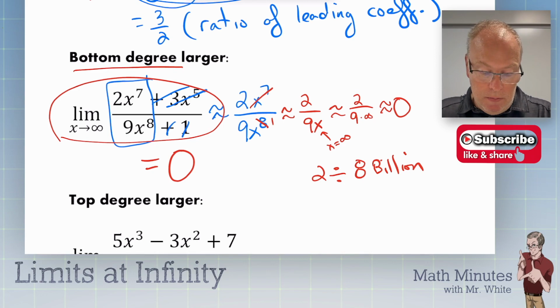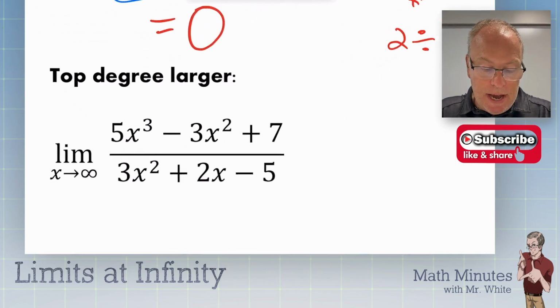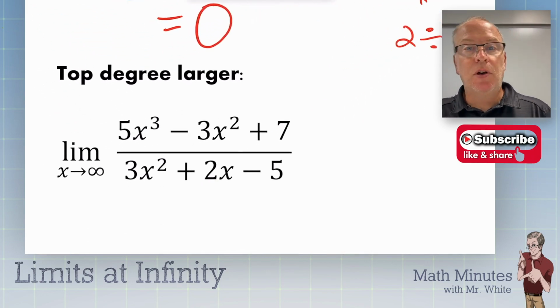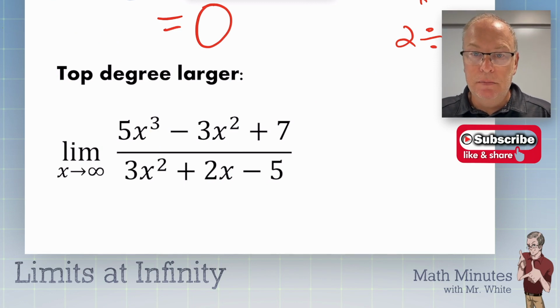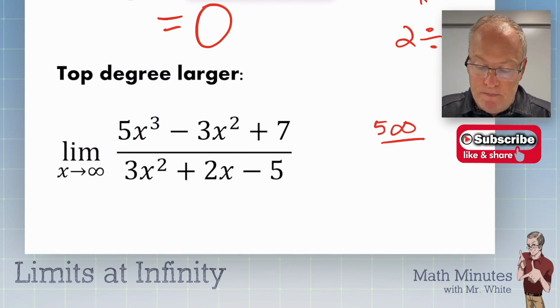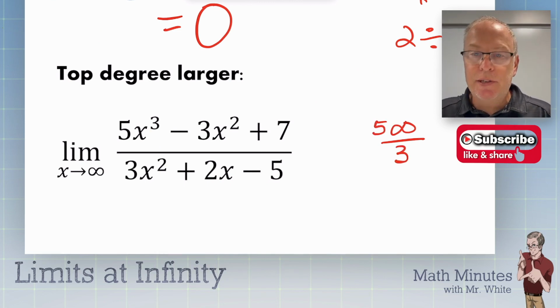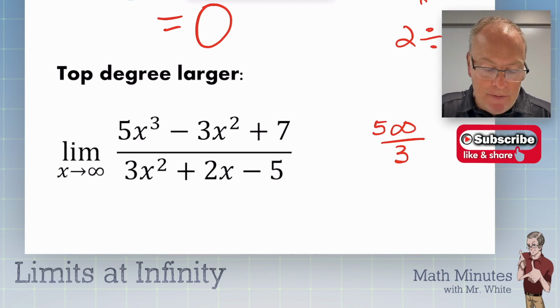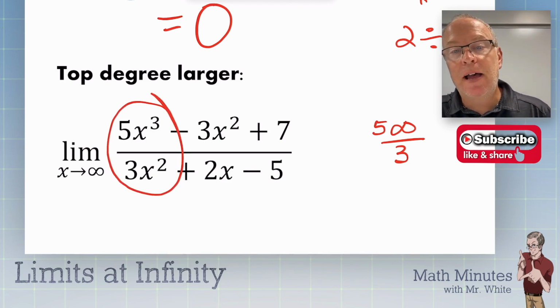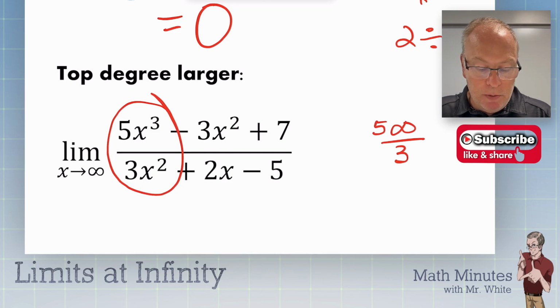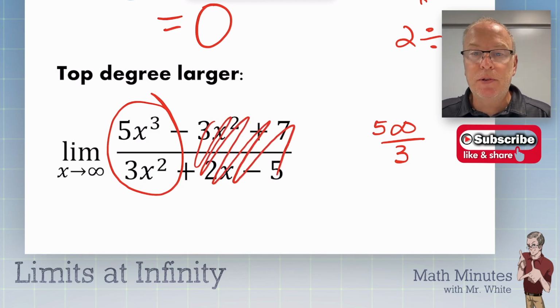Okay? What about when the degree on the top is bigger? Well, this is also equally easy. The top will become infinitely bigger than the bottom. So in this particular example, you end up with 5x over 3 on the most important terms, which are those first ones.